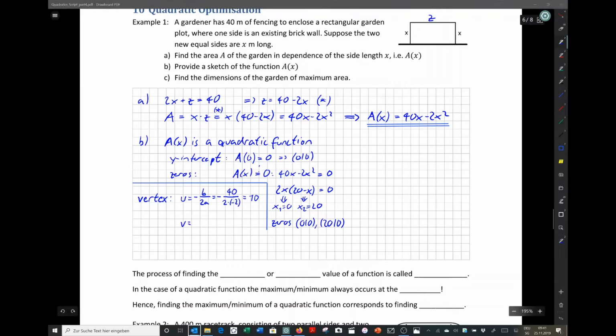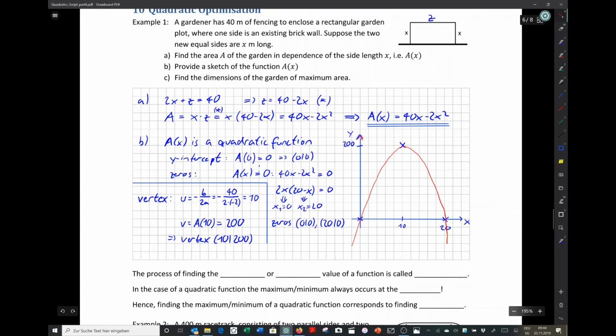Inserting 10 into the function equation of A, so v equals A of 10, and we get 40 times 10, which is 400, minus 2 times 10 squared, which is 200, so we get 200. So the vertex that we find is (10, 200), and now we can sketch the graph.